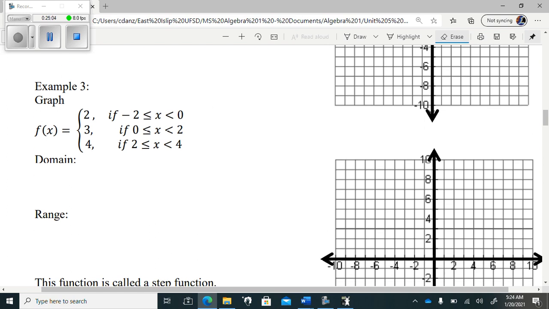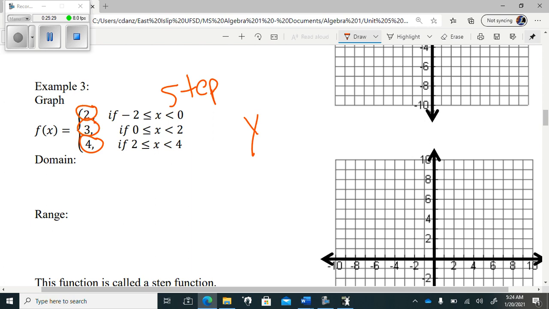Example 3, we actually call a step function, and you'll see why we call this a step function. Notice that there are 3 pieces, and these pieces are just constants, right? It's just the number 2, and it's just the number 3, and it's just the number 4. I don't see the variable x. So this is actually reminding me of my horizontal lines.